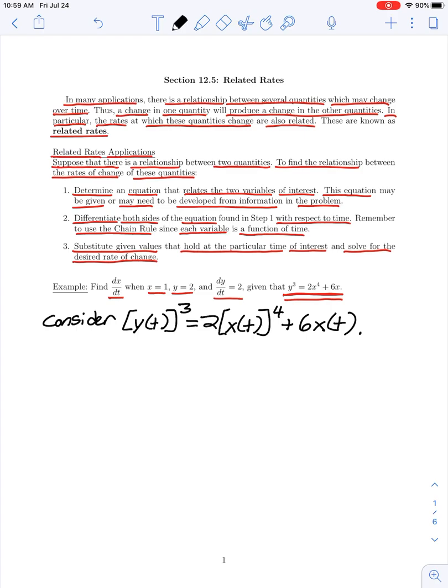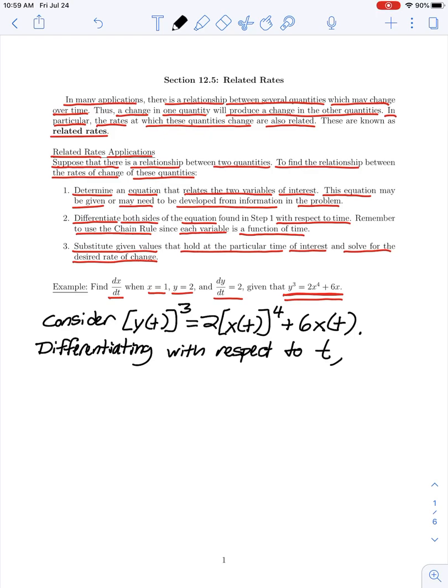So once we have our equation, in this case it's given to us, the equation relating our two variables x and y, our second step is to differentiate both sides with respect to time, t. Let's see what we have.